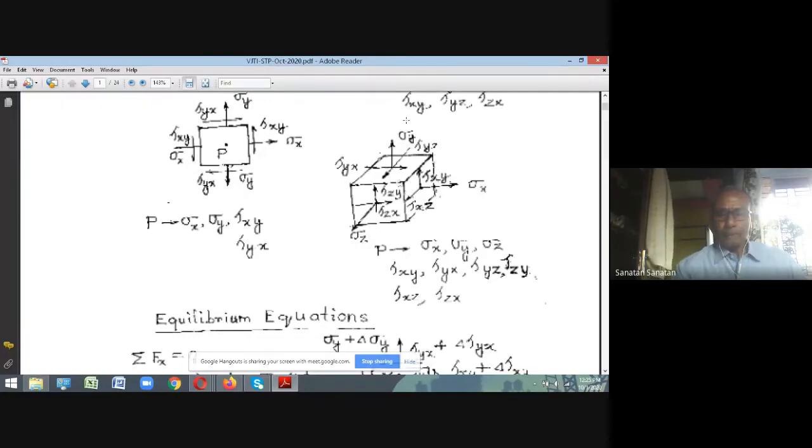But fortunately, we find that these two stresses are complementary. Tau xy is equal to tau yx. Always you will find in stress analysis that the stresses acting on the two adjoining normal faces are going to be the same. They cannot be different. These two stresses are the same, so also these two stresses are the same. So this is typical of stress analysis in 2 dimensions.